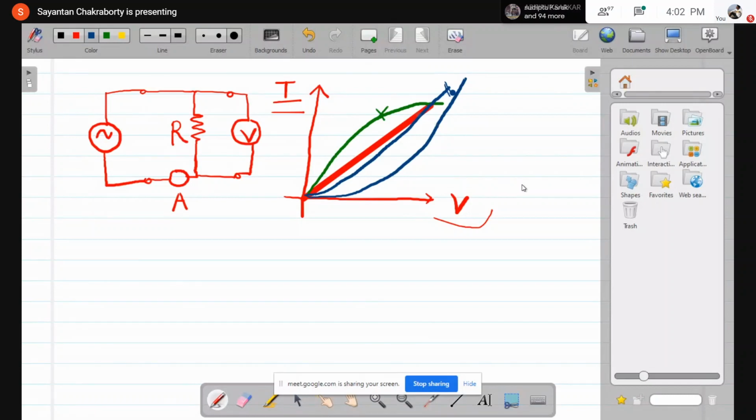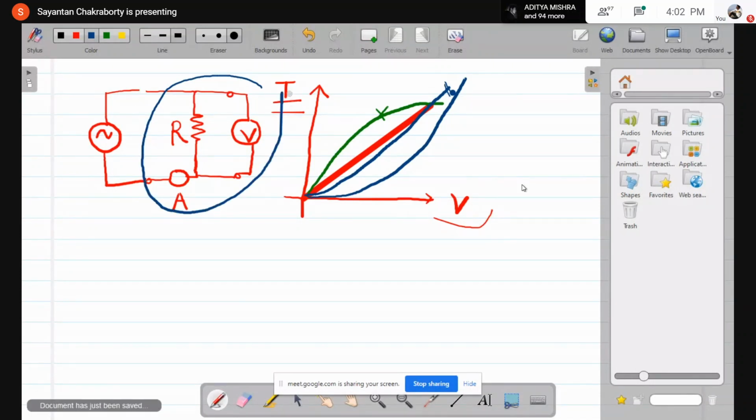Okay, another open question that I'll throw is whether this is the only configuration of connecting voltmeter and ammeter, or is there any other configuration? I'm just measuring current and measuring the voltage. There is another convention. We can connect the voltmeter across the combination of R and A also.